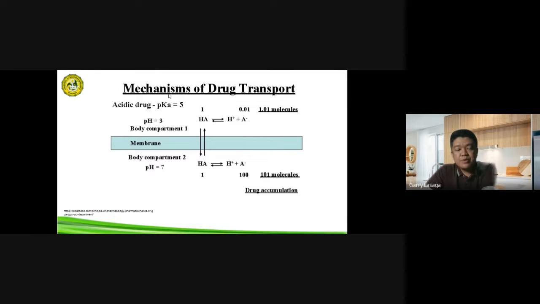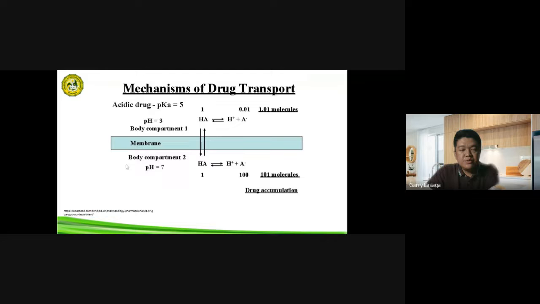So meaning that when we decrease the pH of the environment for an acidic drug, there will be an increase in the proportion of the unionized form of the drug so that there will be absorption.